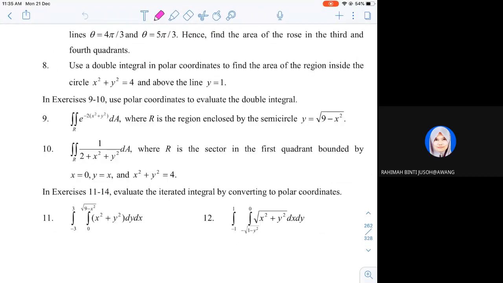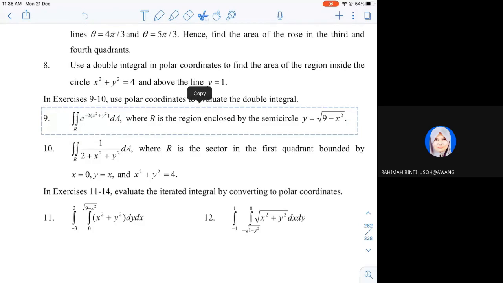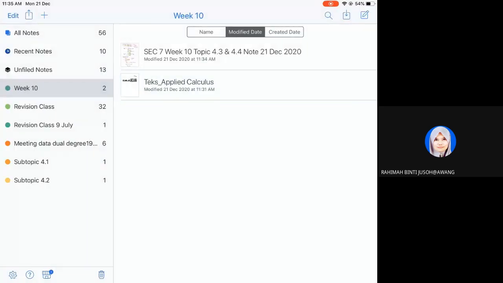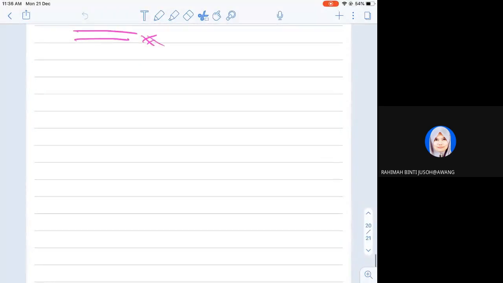Question number 10, okay. Oh, before that, question number 9 ni. Semicircle. Nampak susah tapi sebenarnya senang soalan nombor 9 ni. Okay, question number 9.